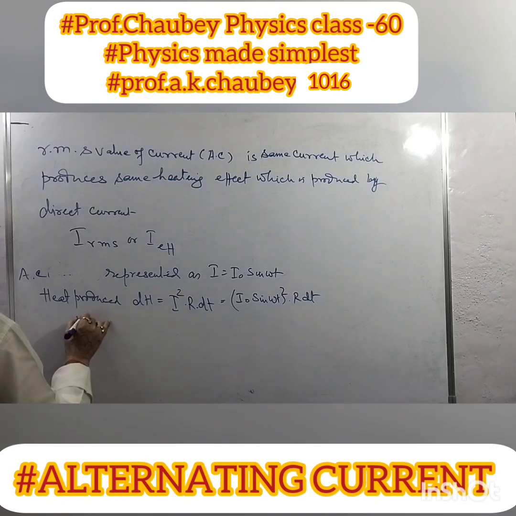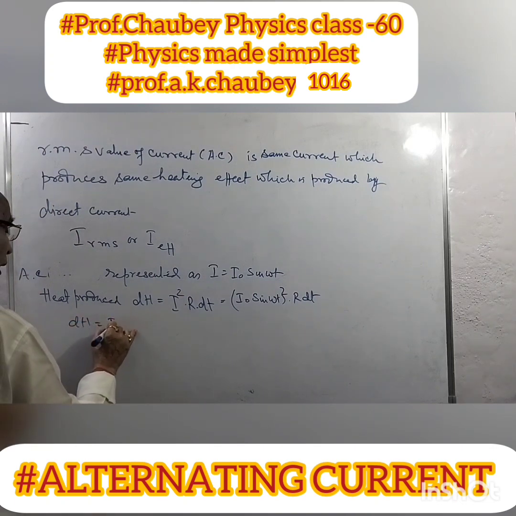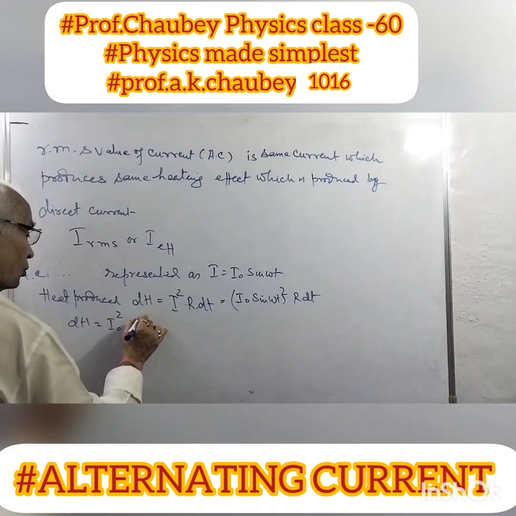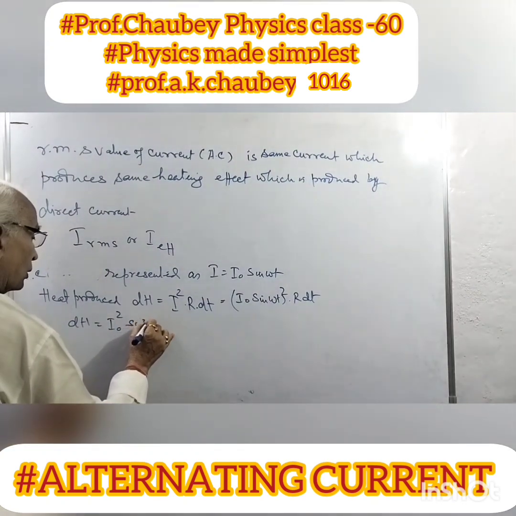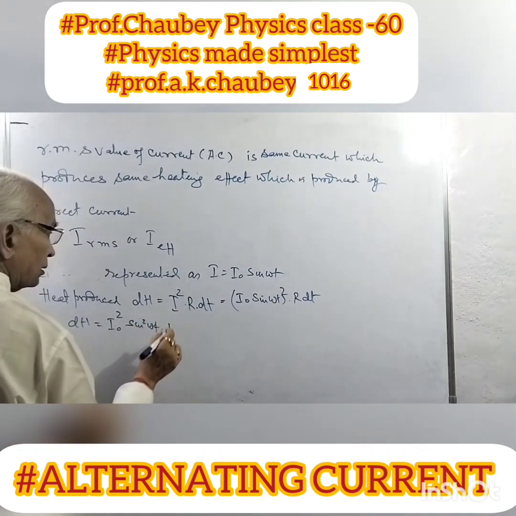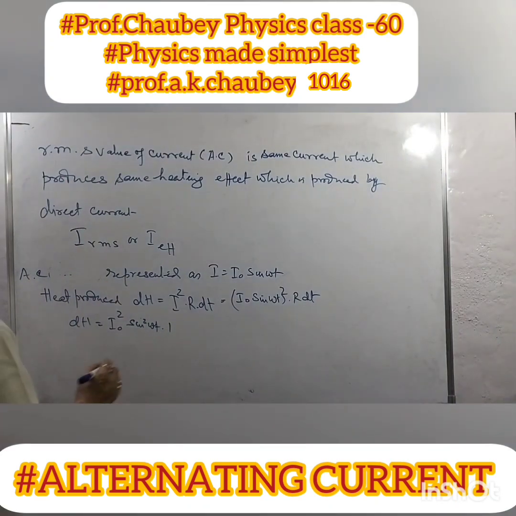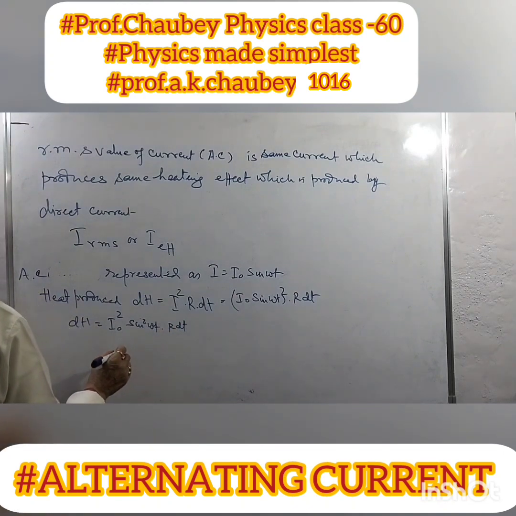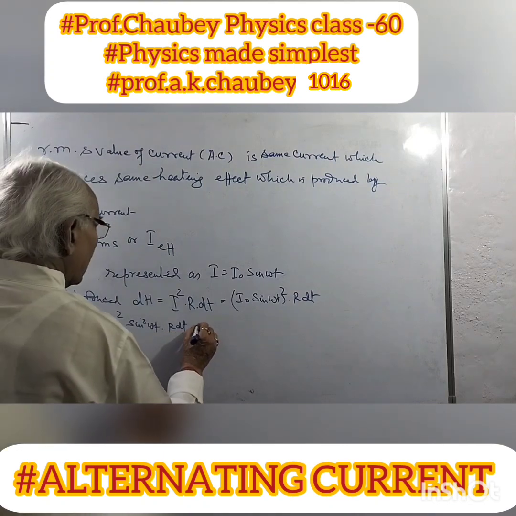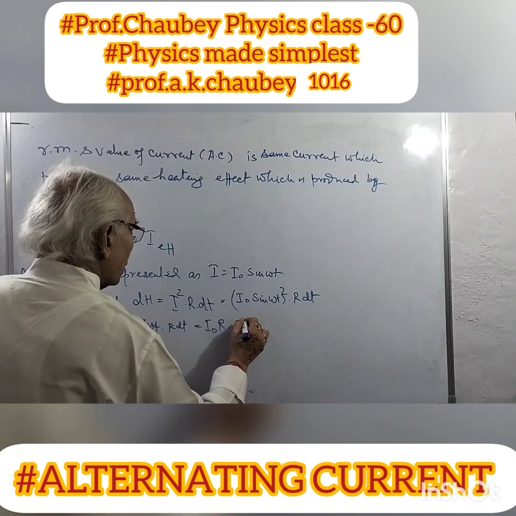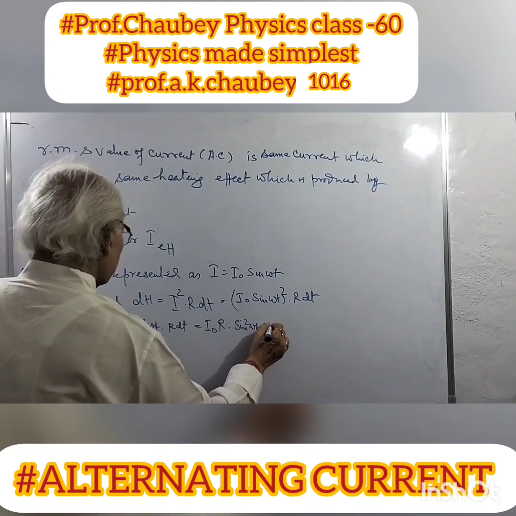So dH is equal to I naught square R sine square omega t dt.